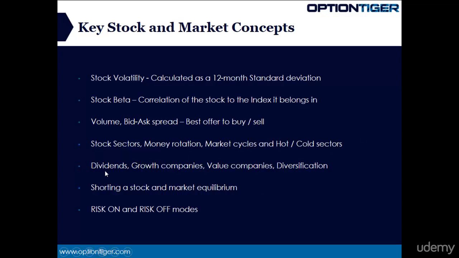Then you have dividends. Like we said, Apple just issued a dividend of 52 cents. We also have some terminology called growth companies and value companies. In general, you will find that dividends are issued by value companies because they've already gone through the growth cycle. They are matured now. Companies like DuPont, companies like Ford, well-established old companies, issue dividends, and therefore they are called value companies.